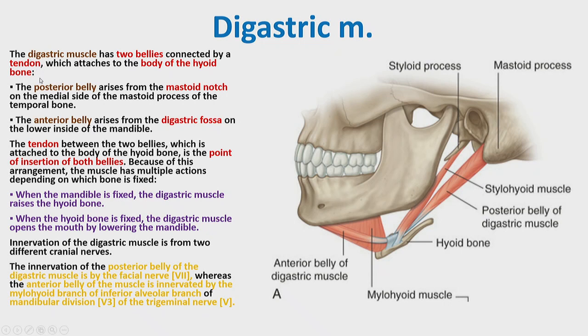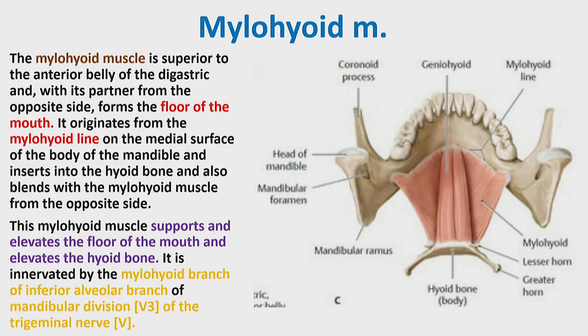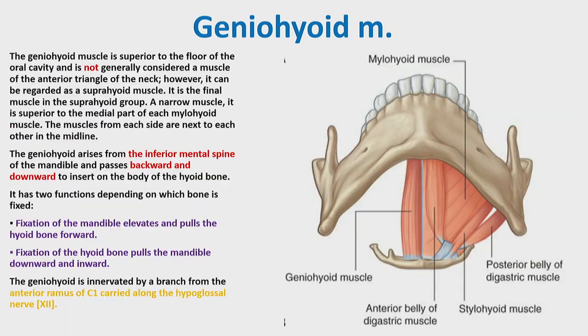We said about the origin, the digastric fossa and mastoid notch. You have an intermediate tendon, which is pierced by the stylohyoid muscle. The posterior belly is innervated by facial. The anterior belly is innervated by the mylohyoid nerve, branch of the inferior alveolar nerve. Then mylohyoid we already discussed.